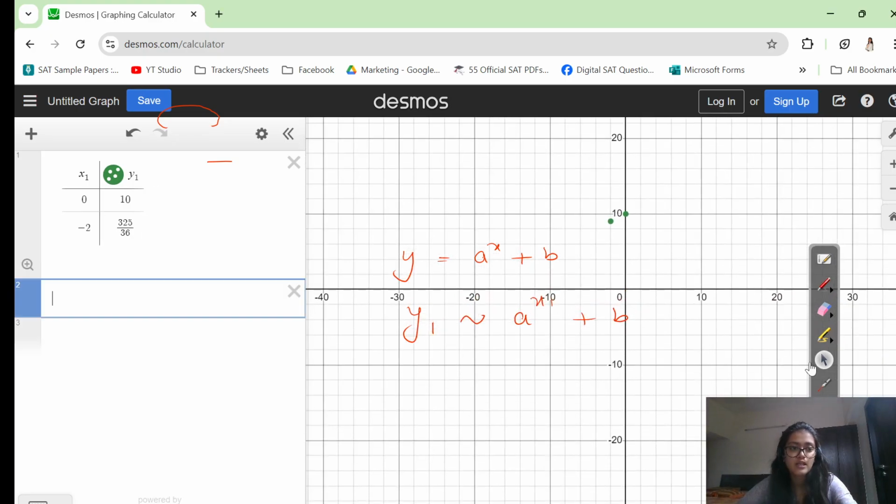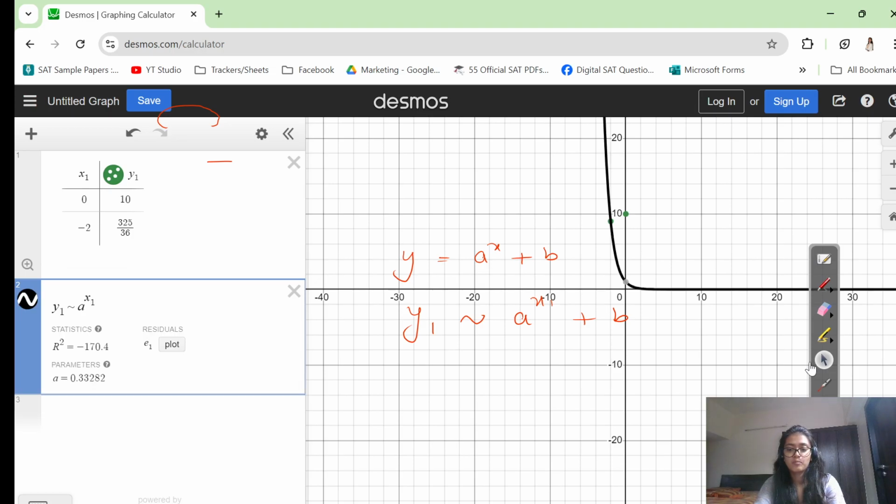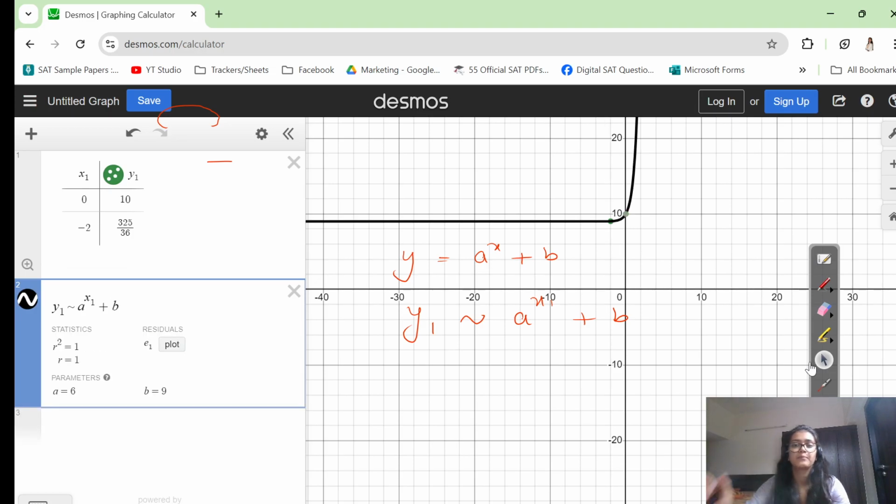And now let's type the equation: y1 squiggly line a raised to x1 plus b. Now you can see the graph is passing through these 2 points, and the values of a and b are 6 and 9.